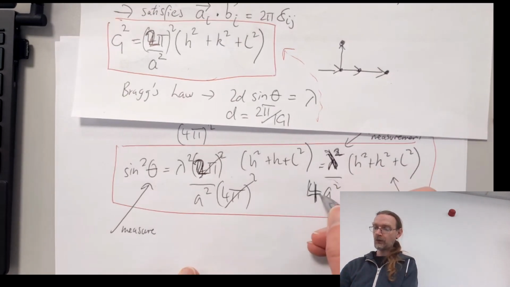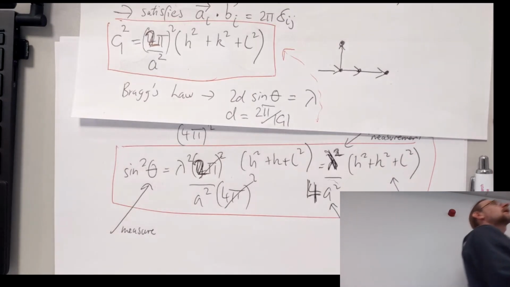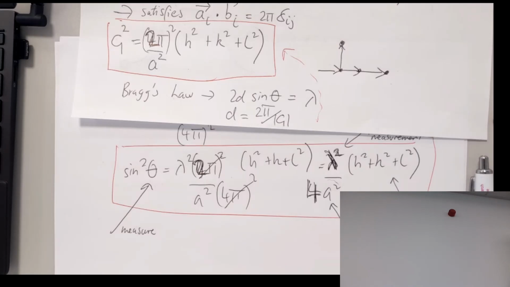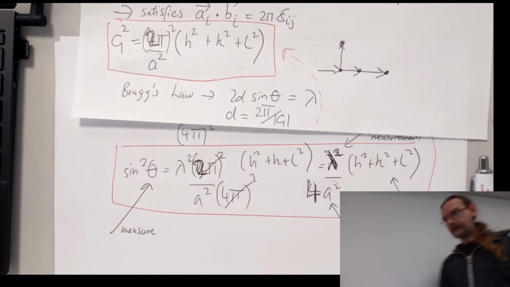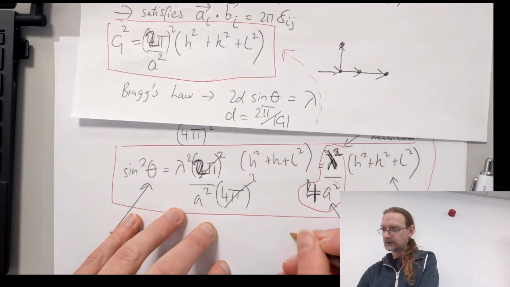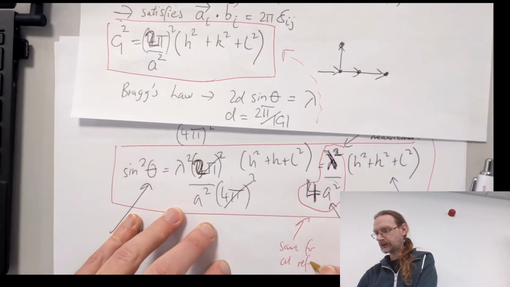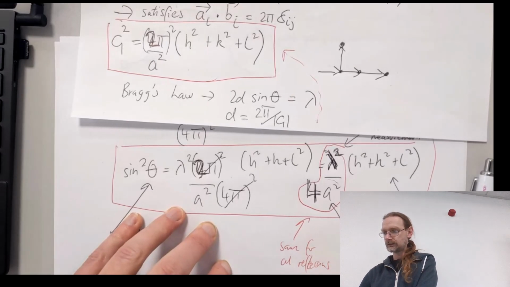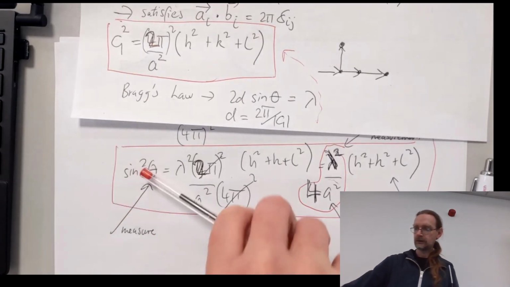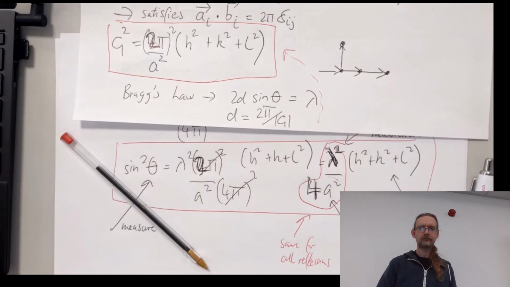4 is the number 4. Hopefully that will be the same for each of the reflections. Otherwise, physics is going to get quite a struggle. So that bit out the front should be the same for all reflections. This is the last trick.